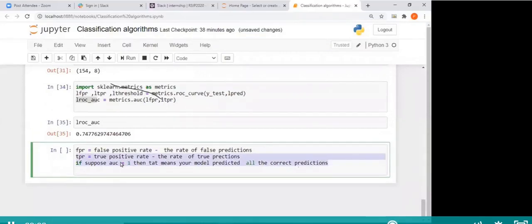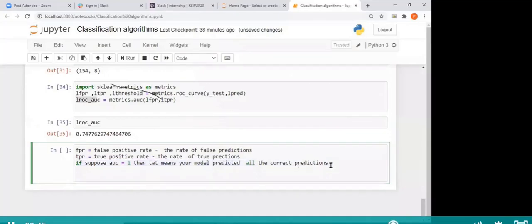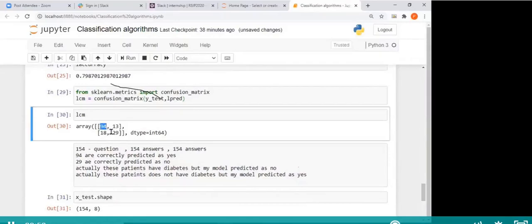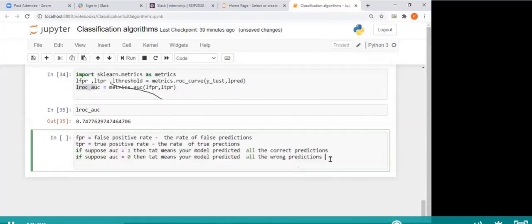Suppose AUC is equal to 0, all the wrong predictions, that means here you have true predictions 94 and 29, right? These values will become 0 and you will have different values over here. So you can consider this the worst model. This you can consider the best model.